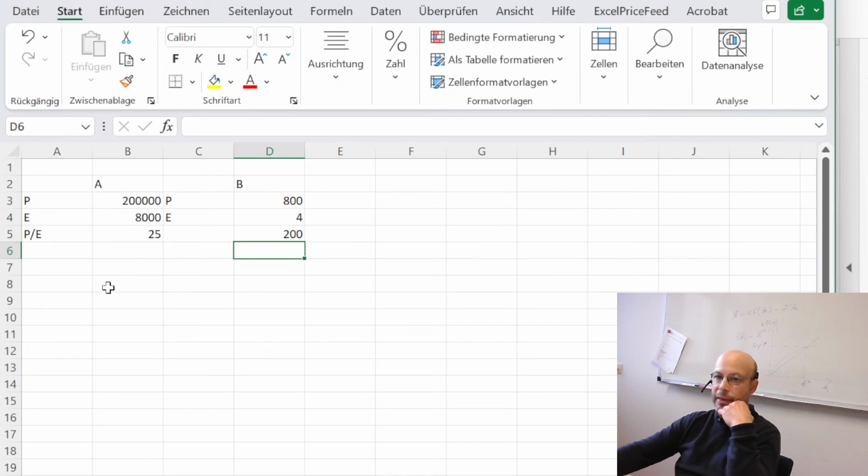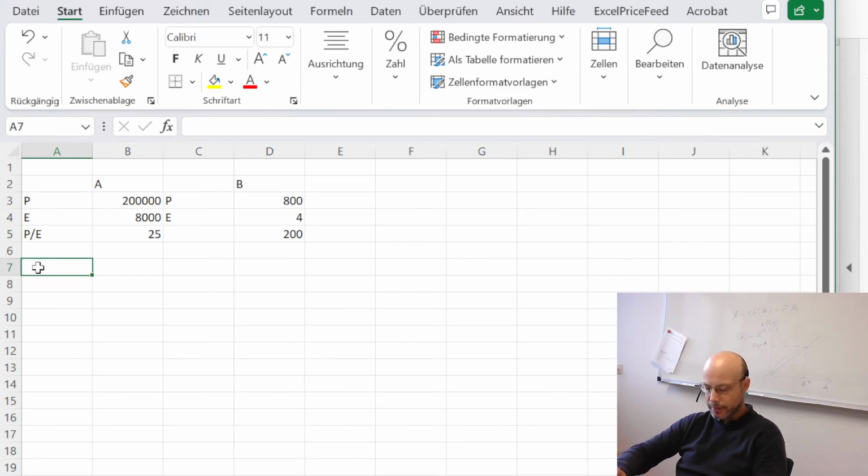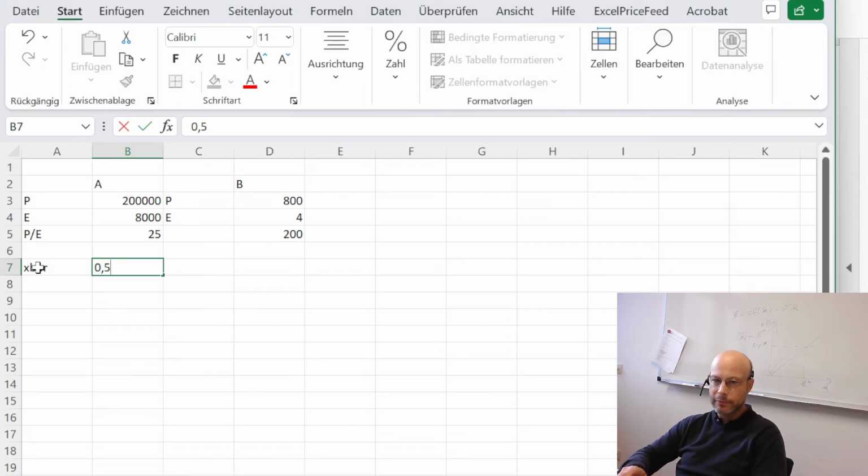If we think of it in order to get the average at first, the first guess is always just calculating x bar, and this would be 0.5 times this plus 200.